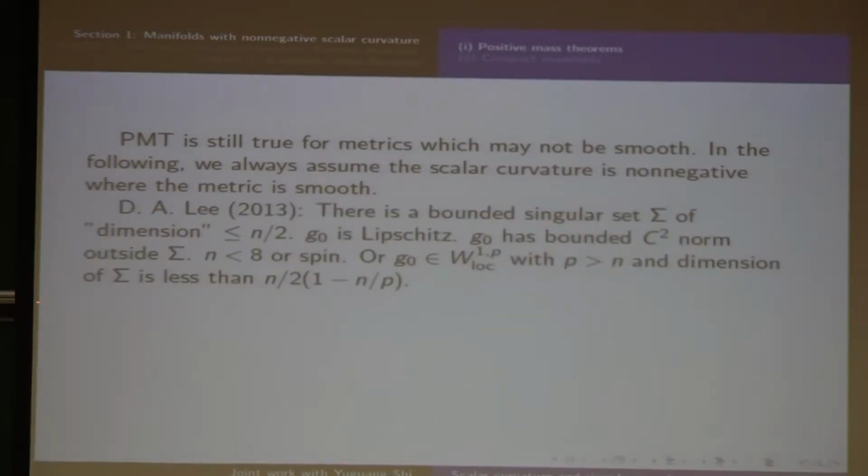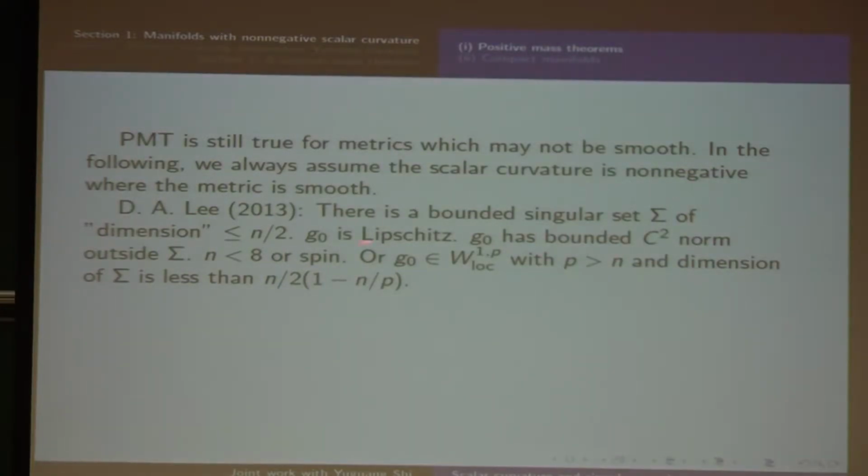For example, Lee proved that if we have a metric that is Lipschitz, and very nice outside a certain set, where the dimension of the set is less than or equal to n over 2, where n is the dimension of the manifold, then the positive mass theorem still holds.